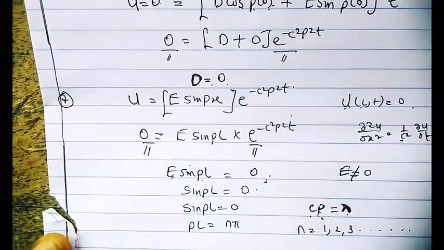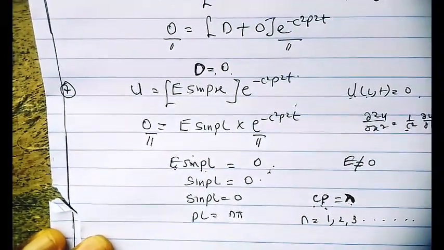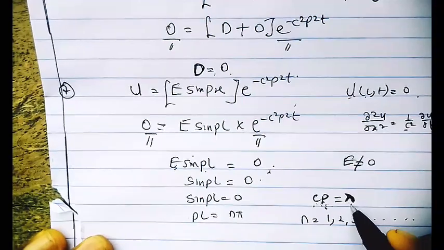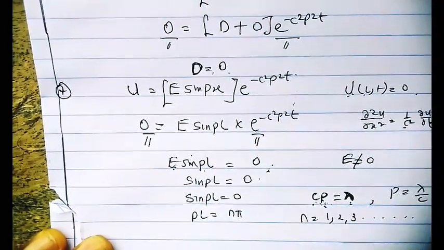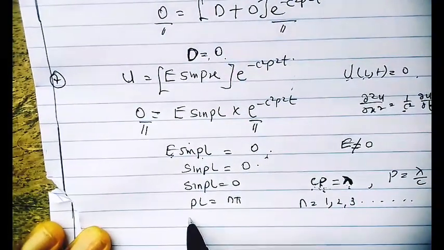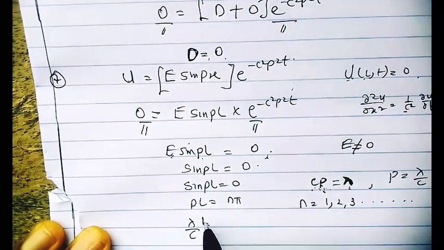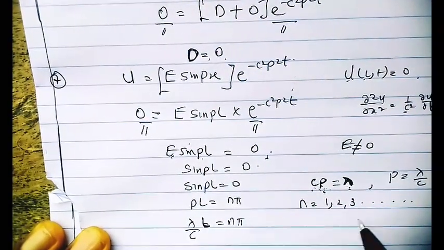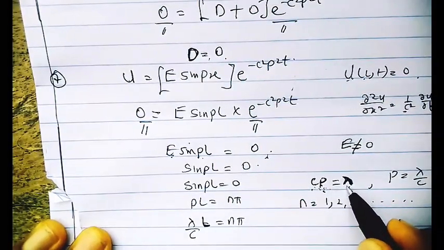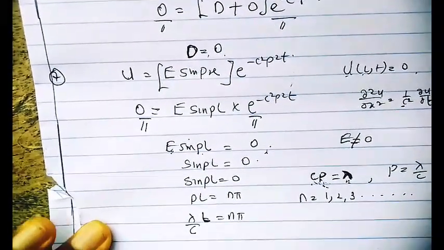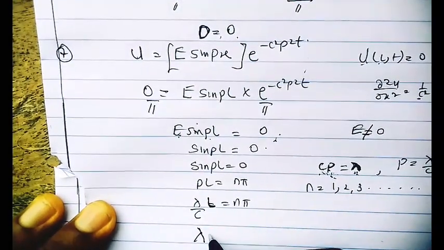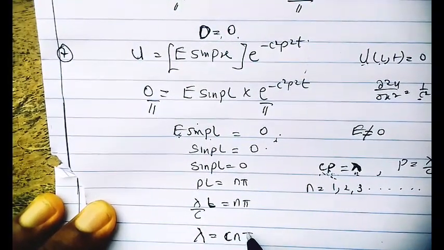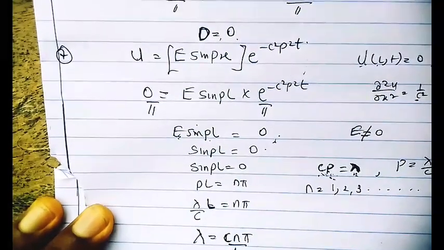Now since cp is equal to pi, I make p the subject of formula, so p is equal to pi over c. Inserting it here, this is pi over c l equals n pi. Remember, I'm looking for eigenvalues, and cp is equal to the eigenvalue. Making the eigenvalue the subject, the eigenvalue is equal to c n pi over l.